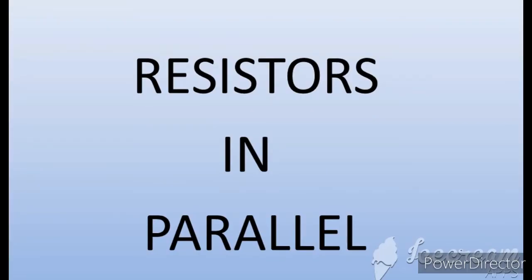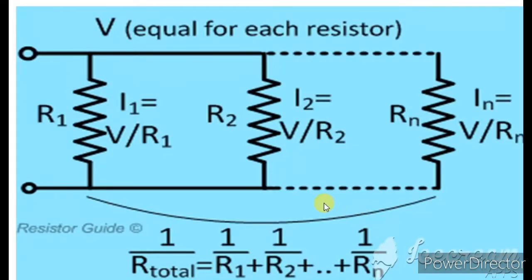Next we are going to see resistors in parallel. So before this we just saw resistors in series. This is resistors in parallel. So these are the resistances R1, R2 and R3 which are connected in parallel. What is the difference between series and parallel is, in series we just connected all three resistances in this way, R1, R2 and R3.